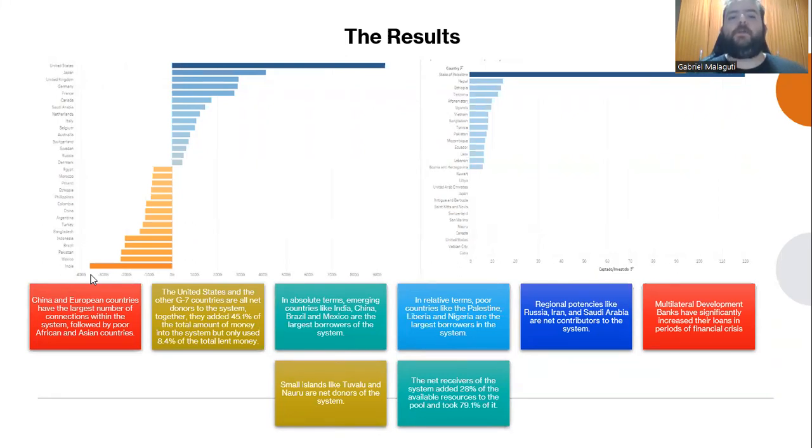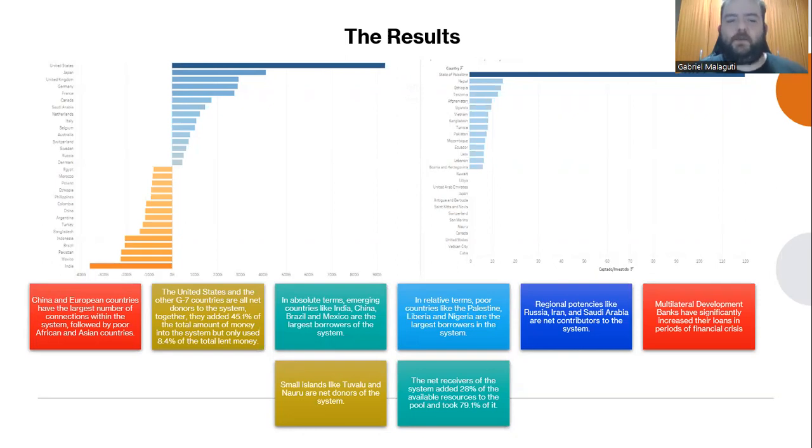We saw that some regional powers like Saudi Arabia, Russia, and Iran, although they are emerging countries, because they are regional banks, are net providers to the system. So there are a lot of things that were found throughout this study.